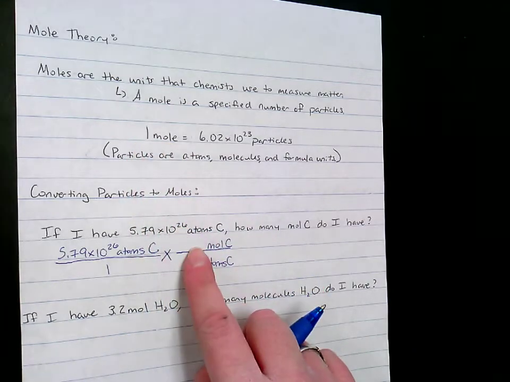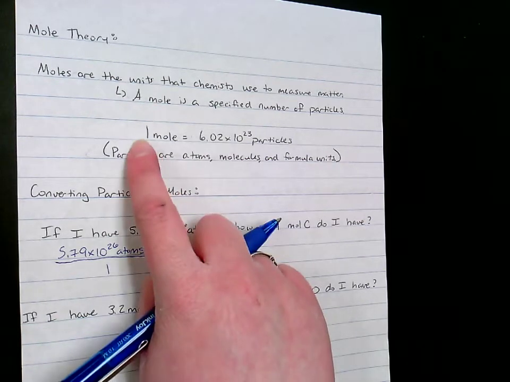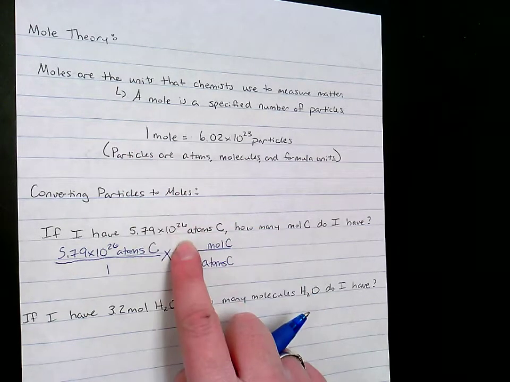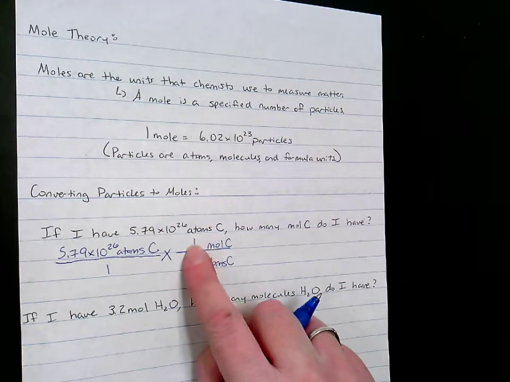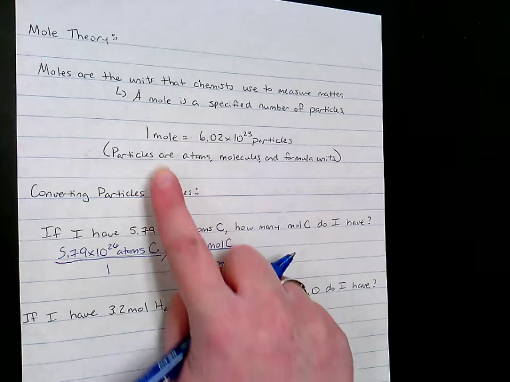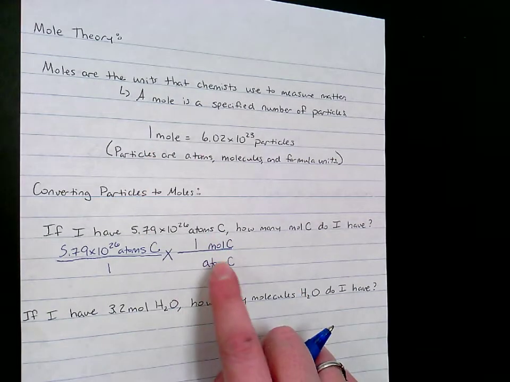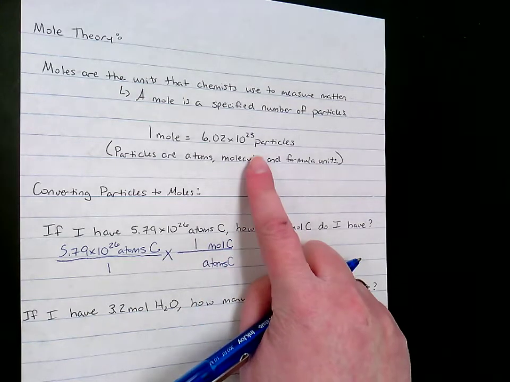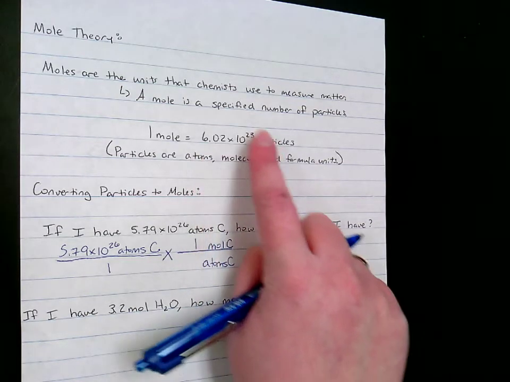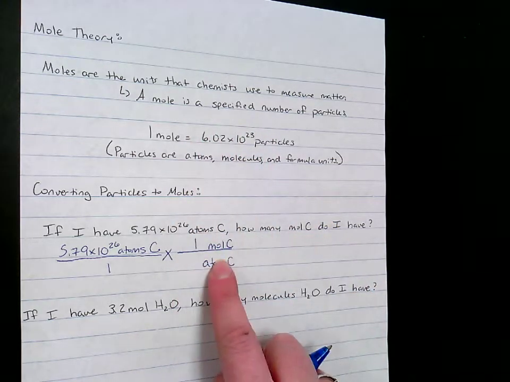So in this example, moles went on the top, so I'm going to put 1 up on the top with mole so that the number stays with its unit. The two follow each other no matter what. And atoms is on the bottom, and an atom is a particle, so I'm going to take 6.02 times 10 to the 23rd power and put it on the bottom with its unit.